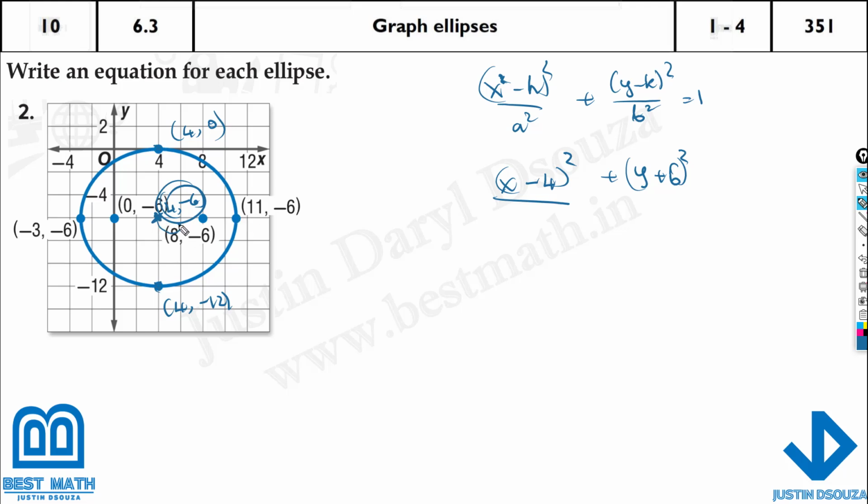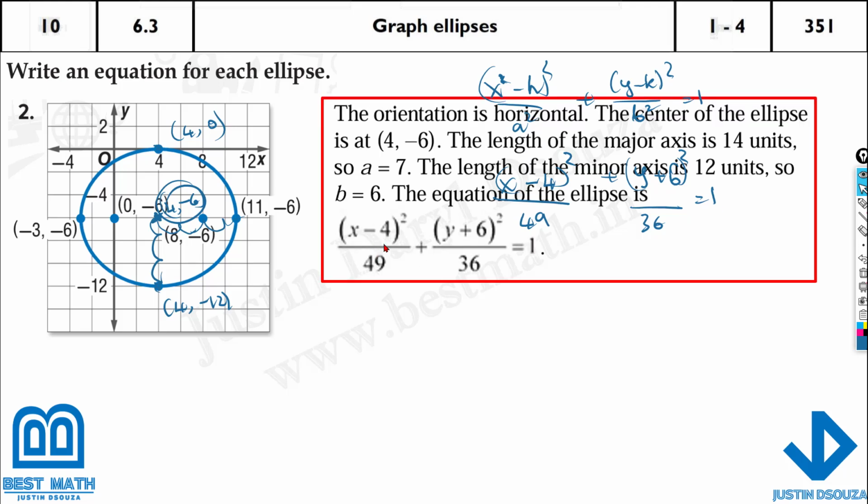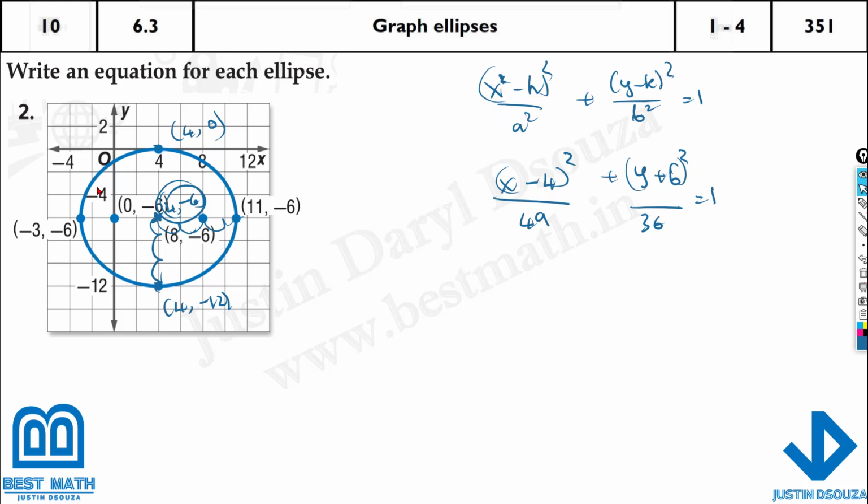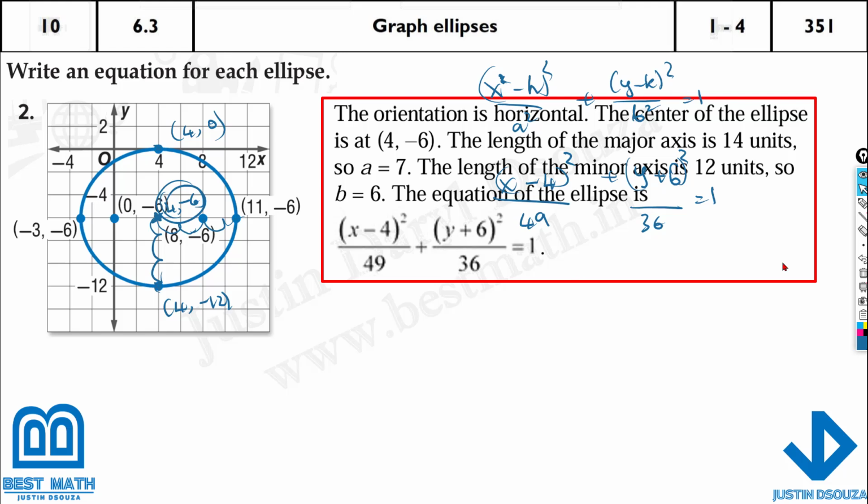It's 2, 4, 6, 7. 7 squared is 49. Here divided by, what is the co-vertex? It's 2, 4, 6. That is 36 equals 1. That's the answer. So here we should have x minus 4 the whole squared by 49 plus y plus 6, because it was minus 6, it will become plus 6, divided by 36 equals 1.